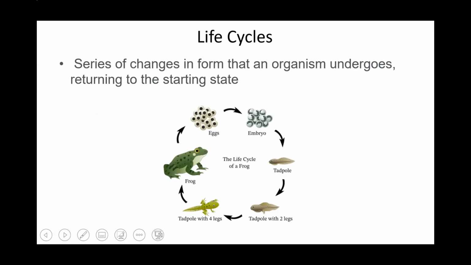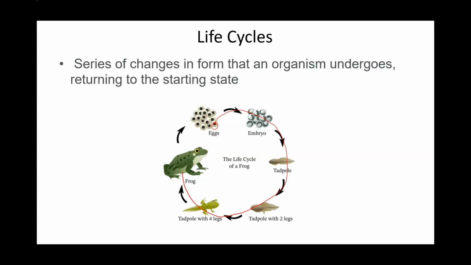So, when we talk about life cycles, a life cycle is the series of changes that an organism goes through from the time it's created to the time that it creates offspring. Right? For example, this frog started off as an embryo, as a fertilized egg, which developed into an embryo, which developed into a tadpole, which morphed into a frog.